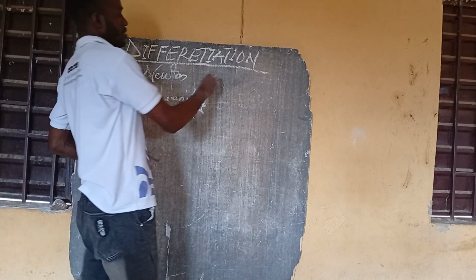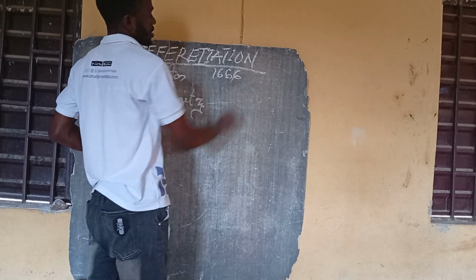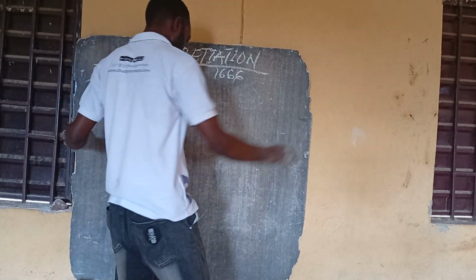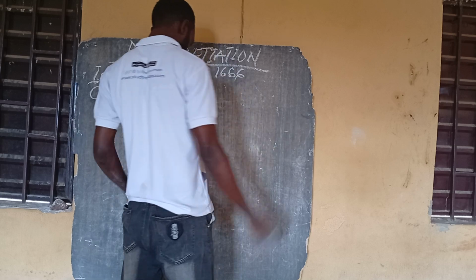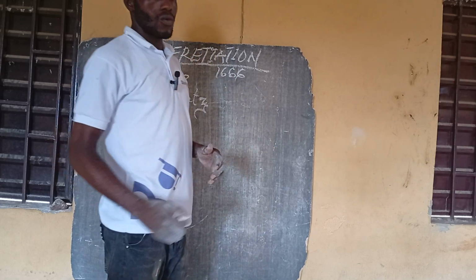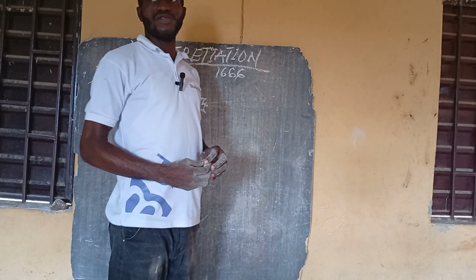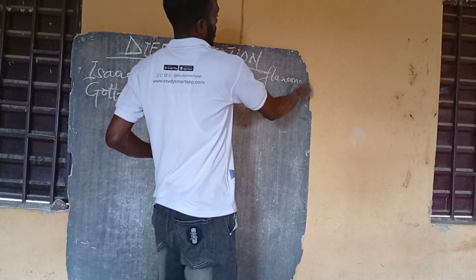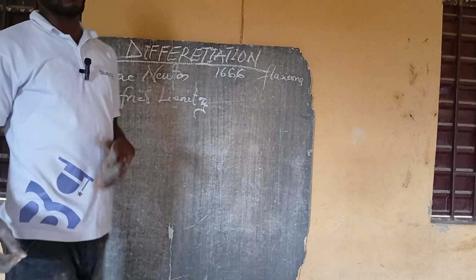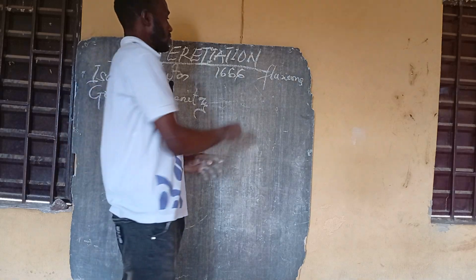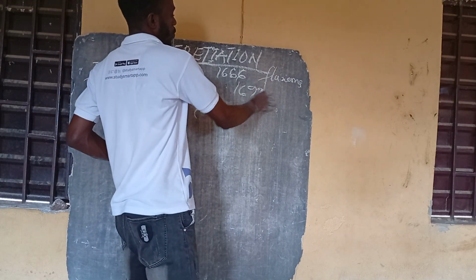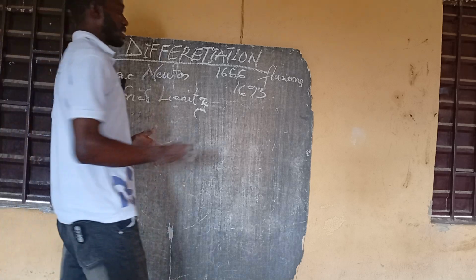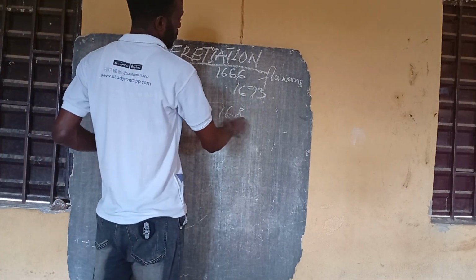Sir Isaac Newton claimed to discover his in 1666, when he introduced his idea on the study of fluxions, but he didn't publish his paper until 1693, while Gottfried Leibniz was forced to publish his paper in 1684.